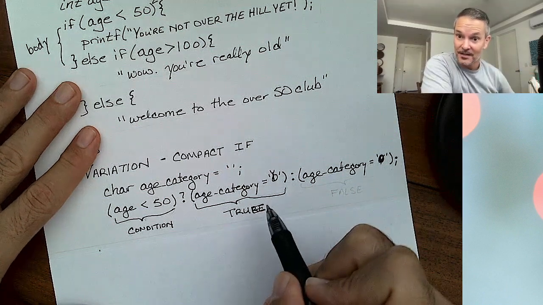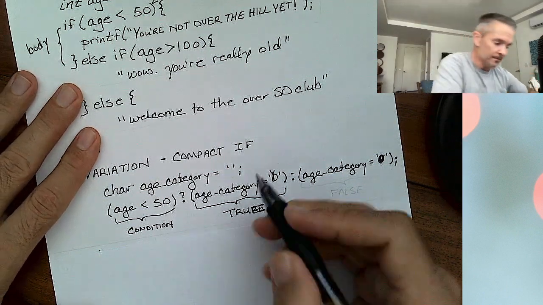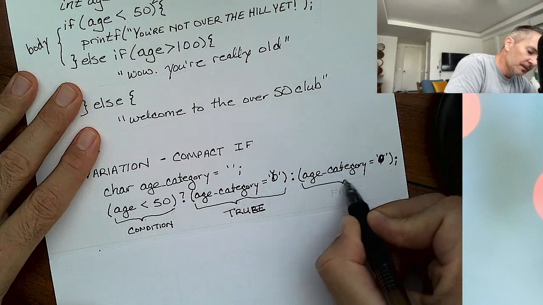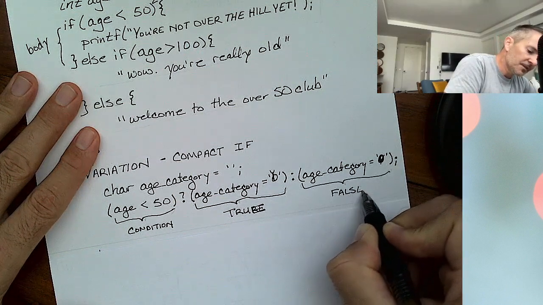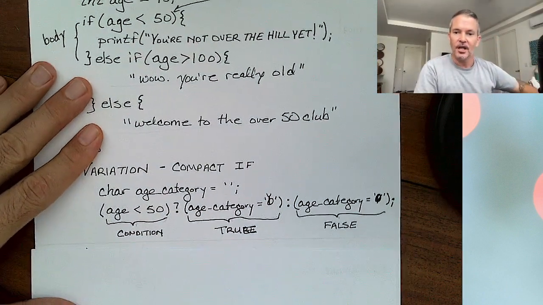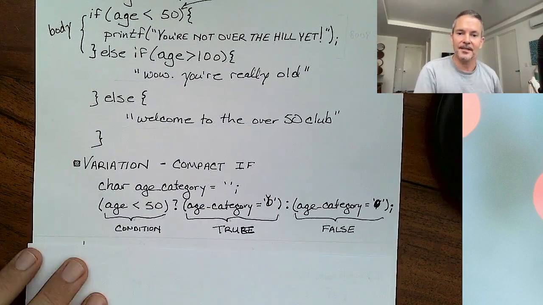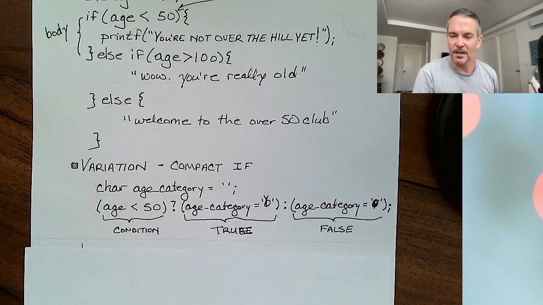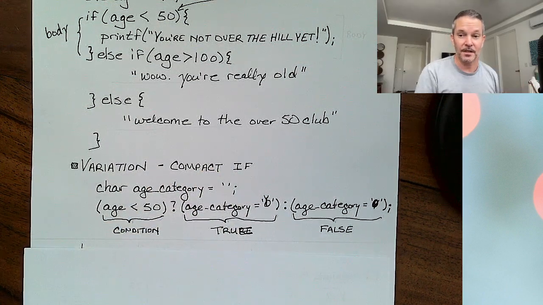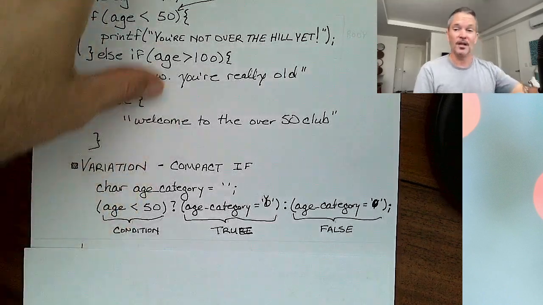If our statement is true, meaning non-zero, otherwise, this will execute if it's false. All right, so another variation on how I can execute an if statement. I just called this the compact if statement. Very rarely you may see this in some code. It's not super popular.